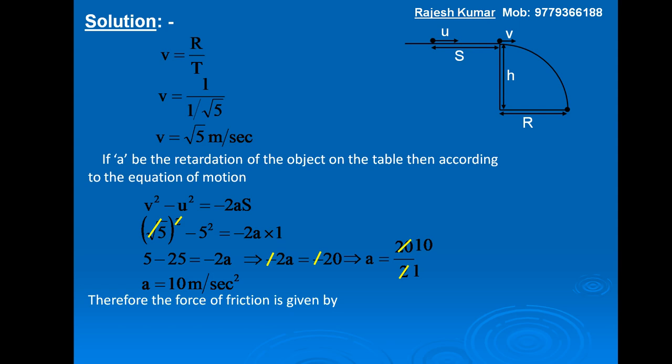Therefore, the force of friction is given by F is equal to ma, where m is the mass of the object. So putting the value of a, F is equal to 10 m units.